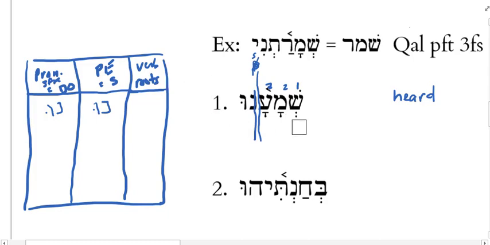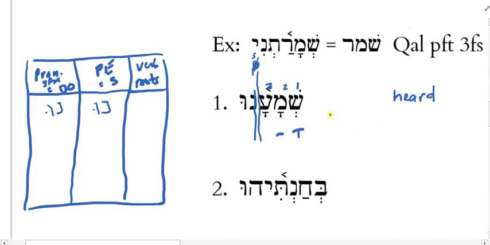Look at your vowel pointing. I have Shema'anu. What would I expect my vowel pointing to be if it were we heard? First common plural personal ending. Would I have a vocal shewa here, or would I have a qamets here? I'd have a qamets, and I'd have a patach there.